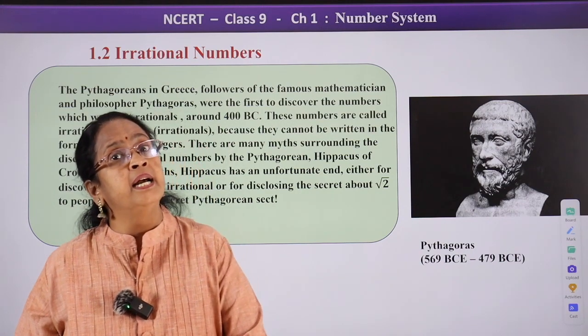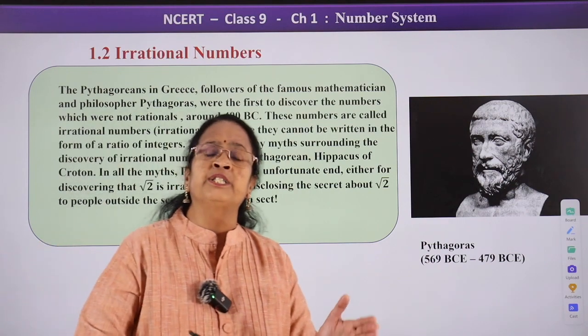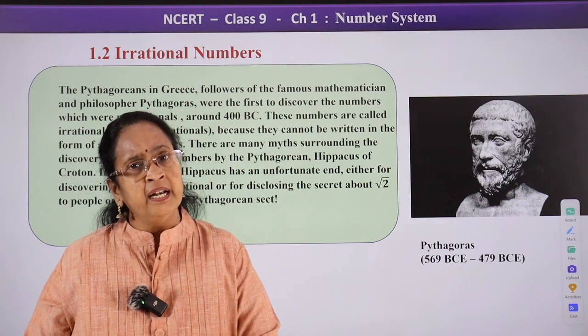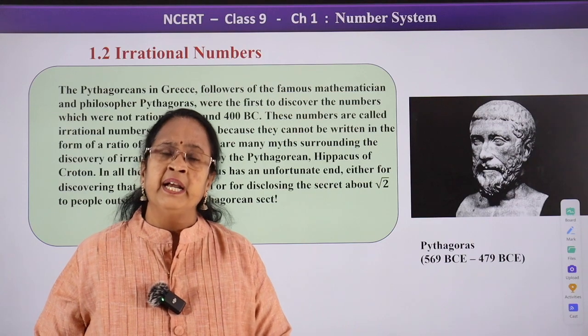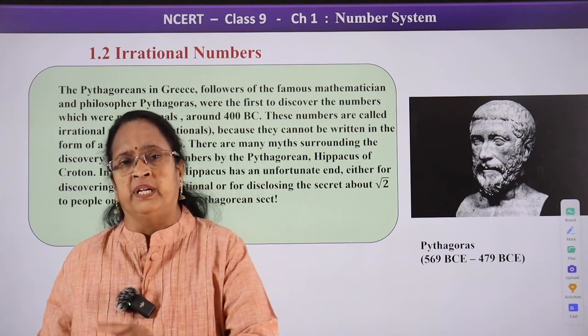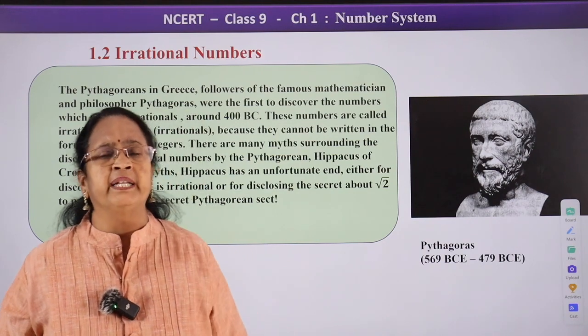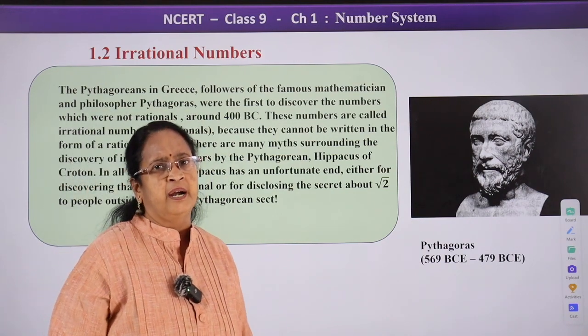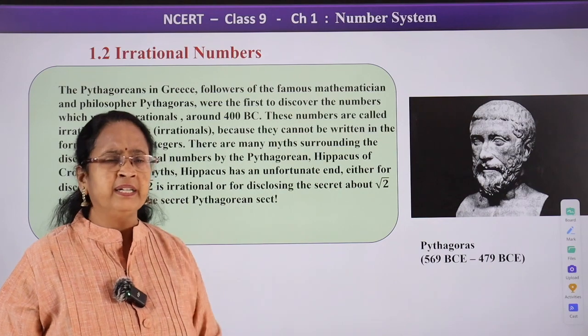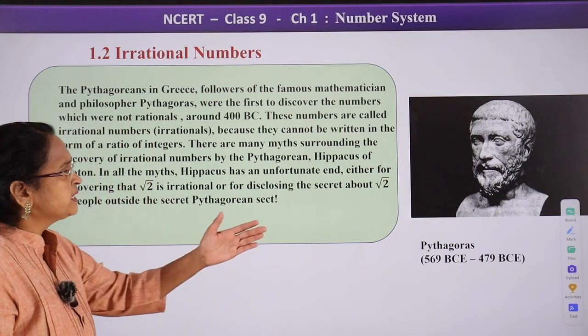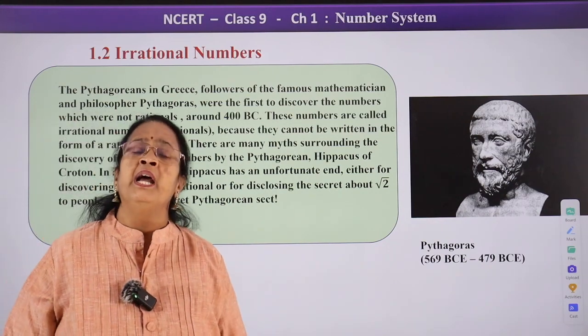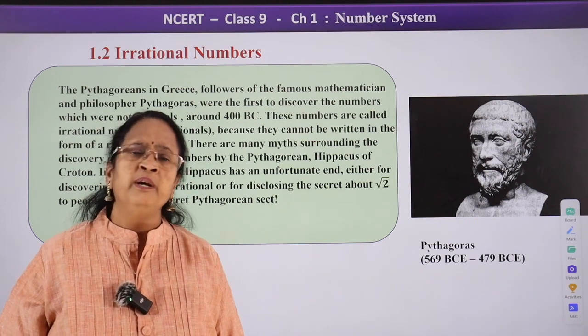They are real numbers. Irrational numbers are real numbers. They can be represented on the number line, and that is why they are called real numbers. We'll come to that. So he was the first one to discover irrational numbers.